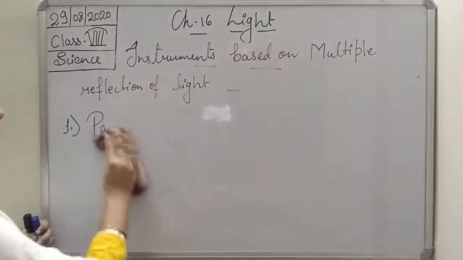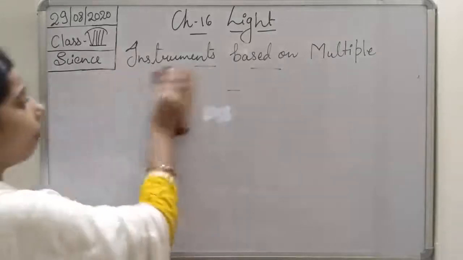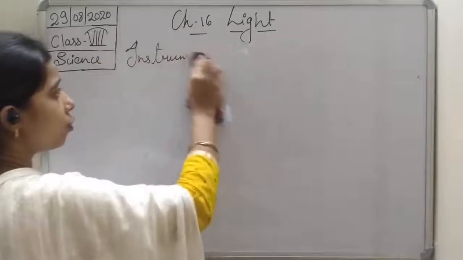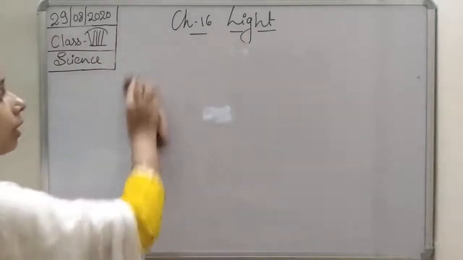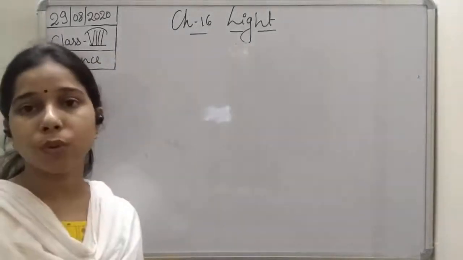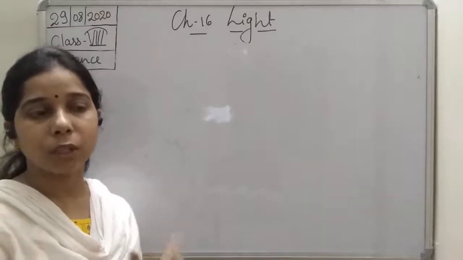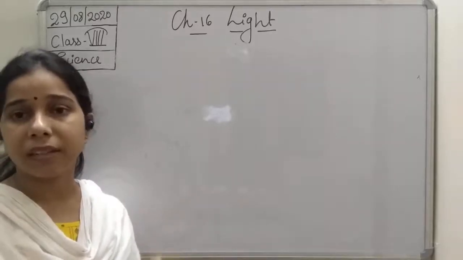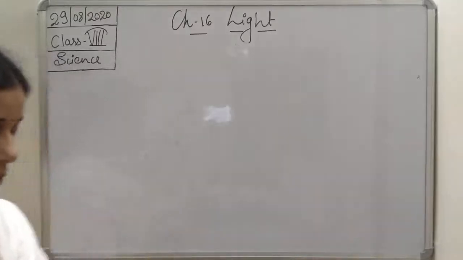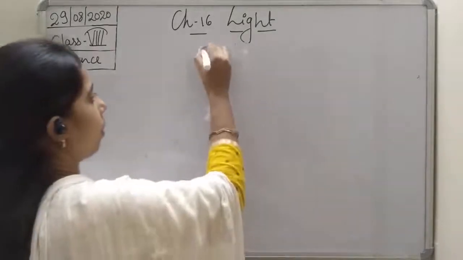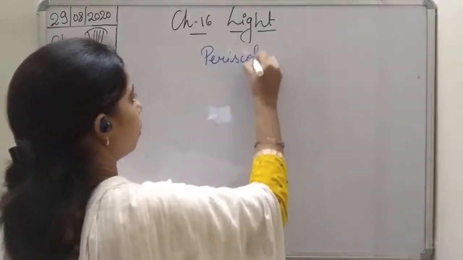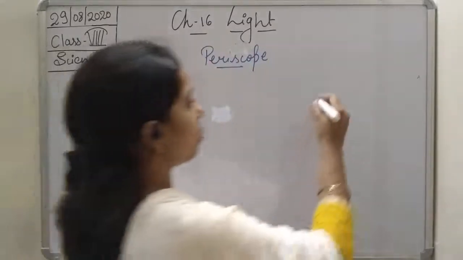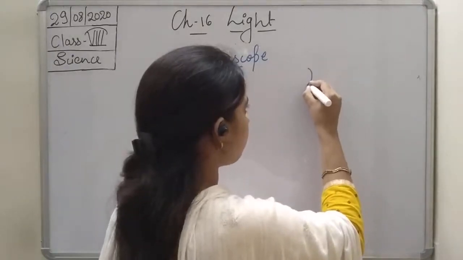So what is a periscope? A periscope is also an optical instrument which helps us to see things which are above the direct line of sight. Okay, so we can draw the periscope, student.